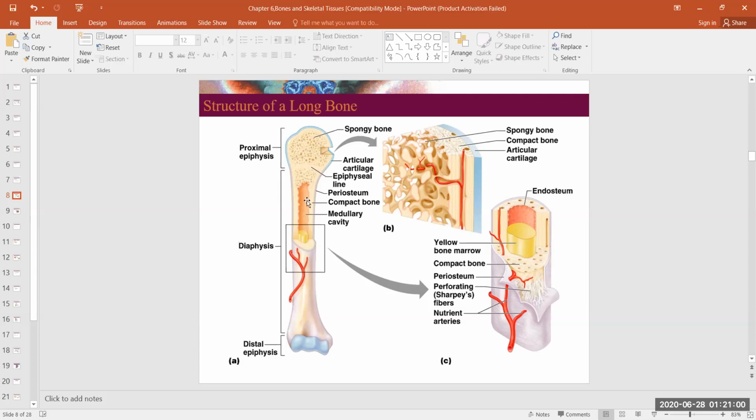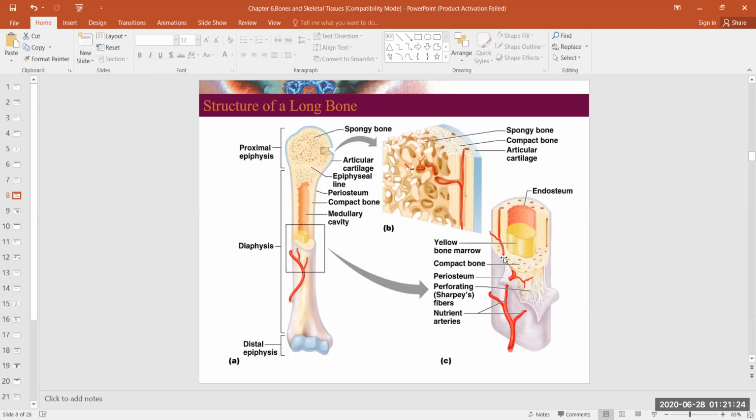And then when you take out all the yellow marrow from the medullary cavity, that cavity is called the medullary cavity. And you see the lining membrane here, that lining membrane is called endosteum. And then nutrient vessels are entering through the nutrient foramen to supply blood to the compact bone.